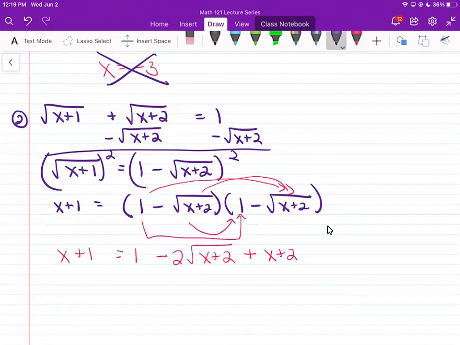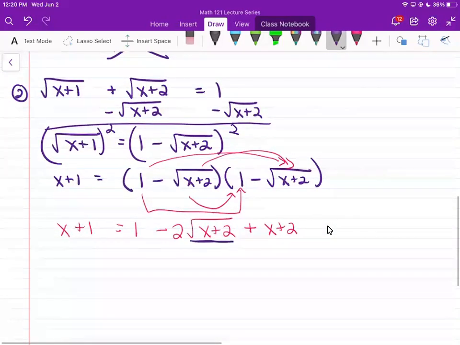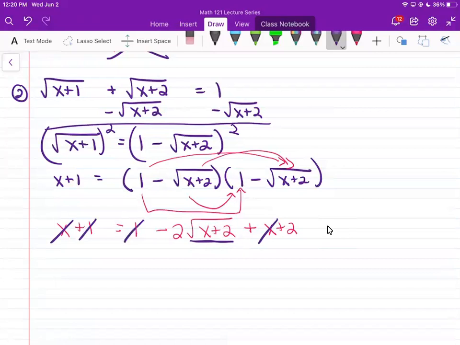Remember that our third step here was to repeat steps 1 and 2 until all the radicals were eliminated. So I need to isolate this radical. These x's cancel, these 1's cancel. So I'm left with 0 equals -2 square root of x plus 2 plus 2.